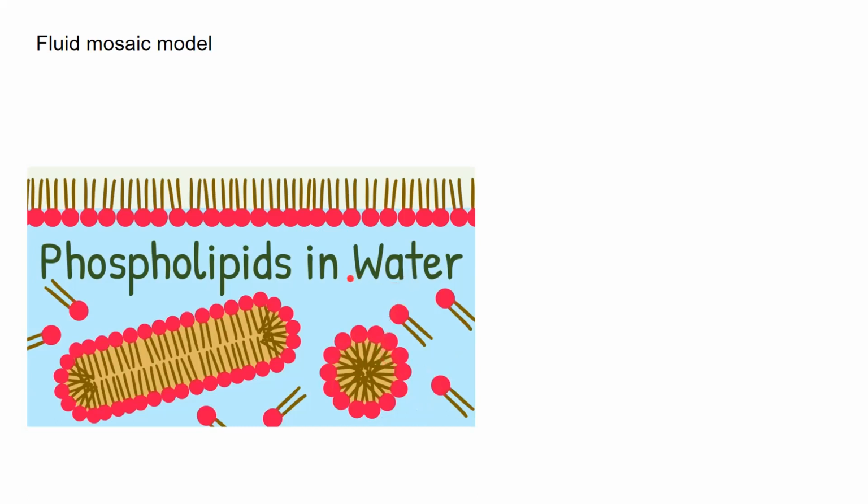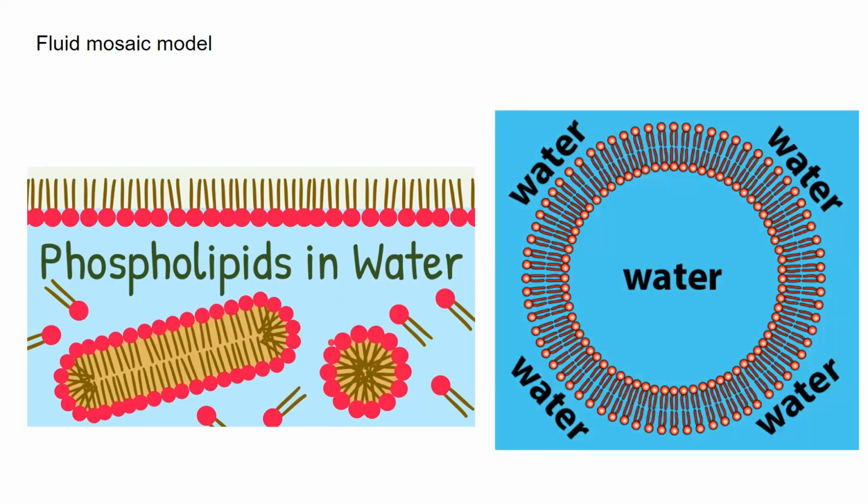Now, it's very interesting. Remember, whenever you're talking about membranes, you're saying they're semi-permeable, which means they're not letting water in. So that's essentially what a membrane is. It's essentially these phospholipids, they're so clever that they arrange themselves in this way. They form a bilayer.